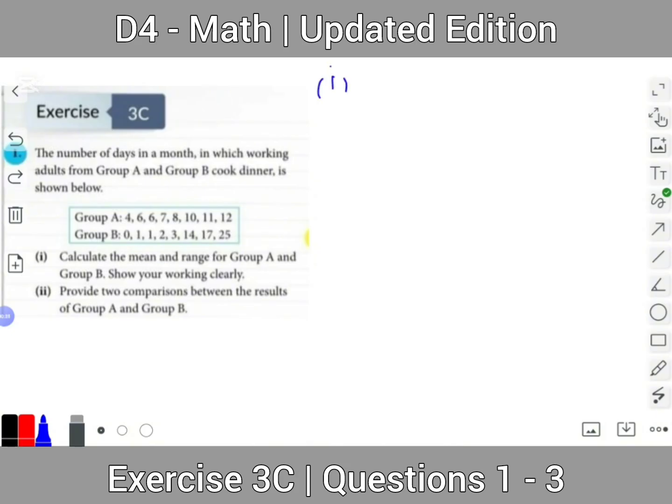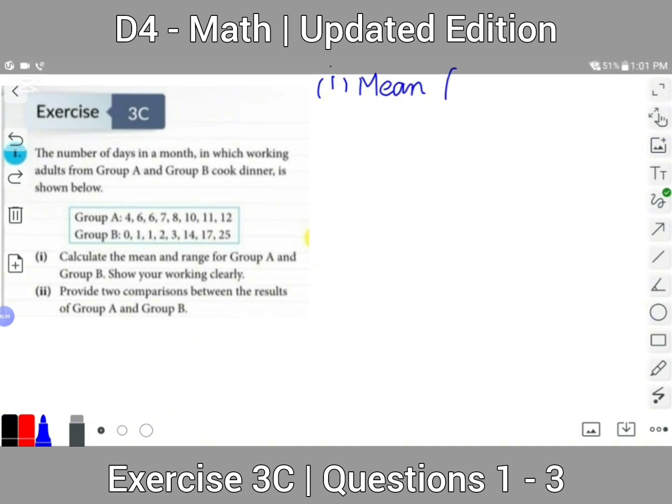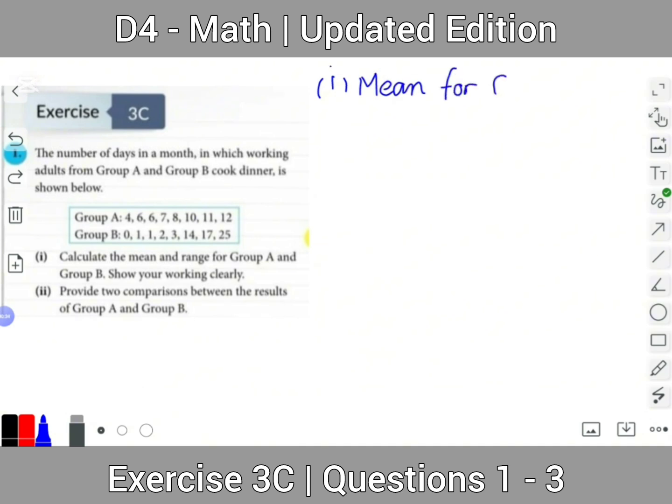So in part 1, we have to find out the mean for group A. So we will use the formula summation x over n, where x is each data value and n is the total frequency.